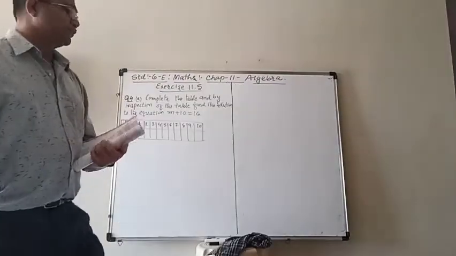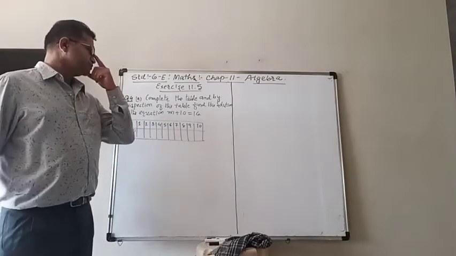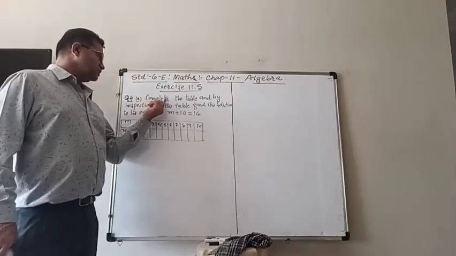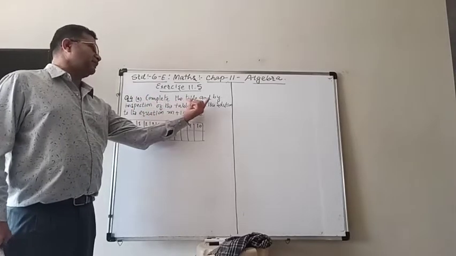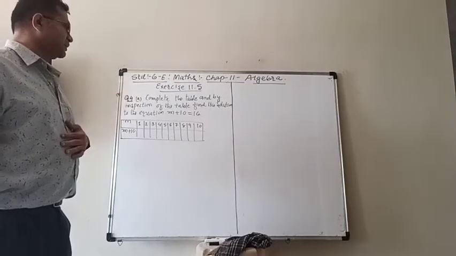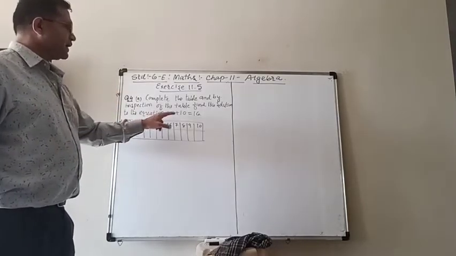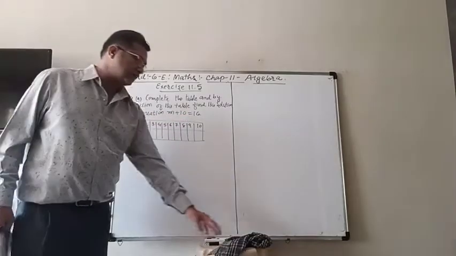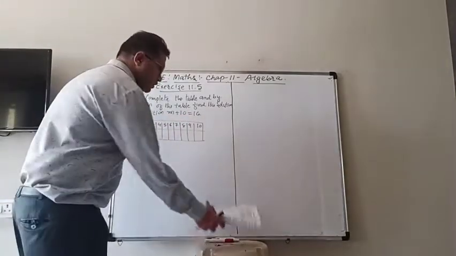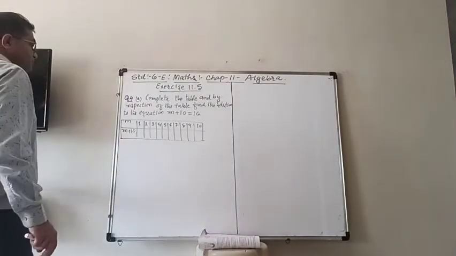Now, fourth question. In the fourth question, given that in the first one, complete the table and, by inspection of the table, find the solution to the equation m plus 10 equals 16. So here the equation is m plus 10 is equal to 16.